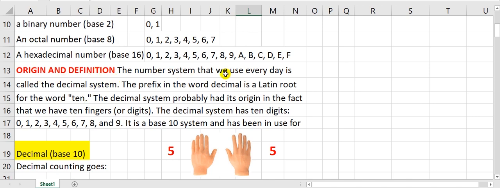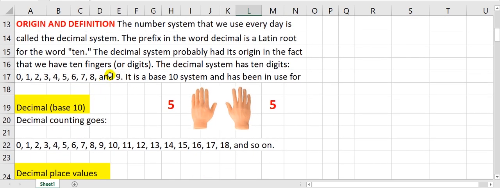The number system that we use every day is called the decimal system. The prefix in the word decimal is a Latin word from the word 10. The 10 are the fingers, like these figures.